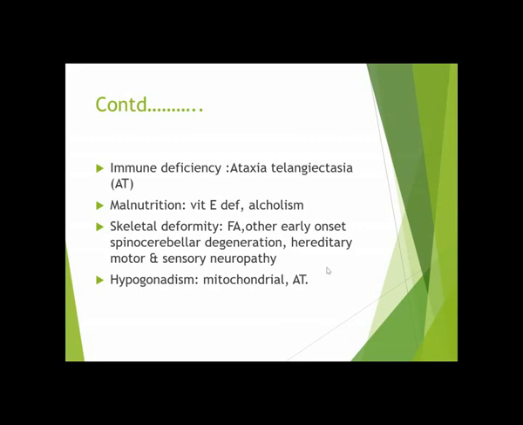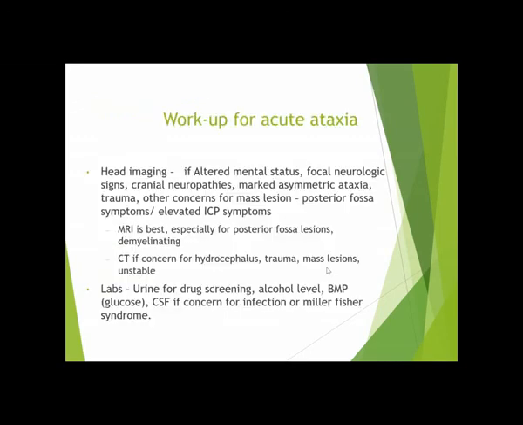The patient comes with acute onset ataxia. Neuroimaging is always mandatory, especially if the patient has altered mental status or focal neurological signs, other brainstem signs like cranial neuropathies, or marked asymmetric ataxia, where you are finding unilateral signs of cerebellar dysfunction, or history of trauma, or concern of a mass lesion like posterior fossa symptoms.